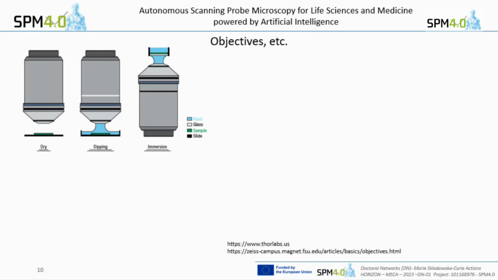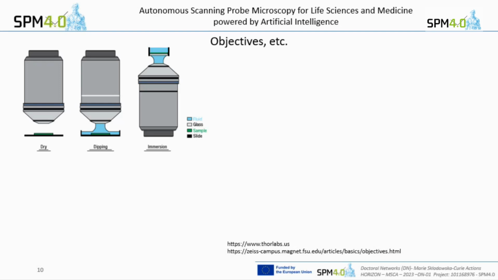So what you can do, you can use immersion liquids, for example oil, which also has 1.5. And then this glass cover slip usually has a defined thickness and a defined refractive index, which is also 1.5-ish. And then in the end, you can just try to match your sample.